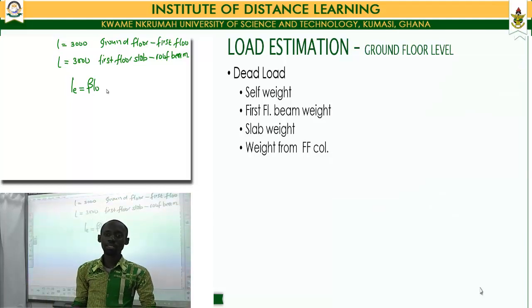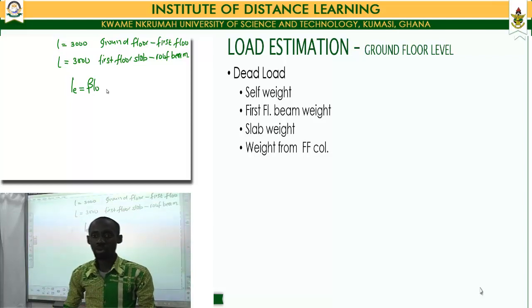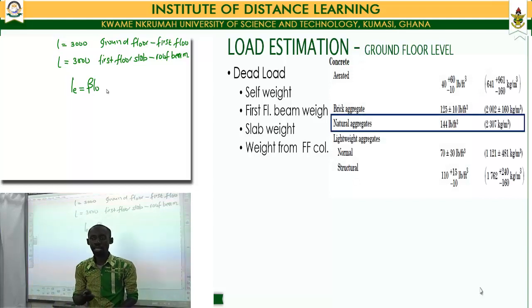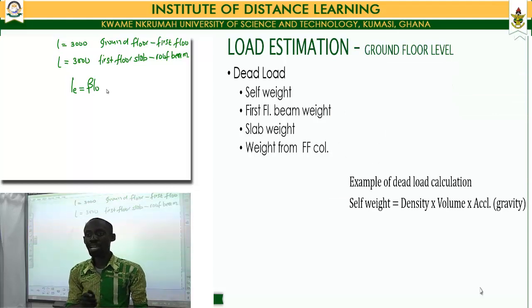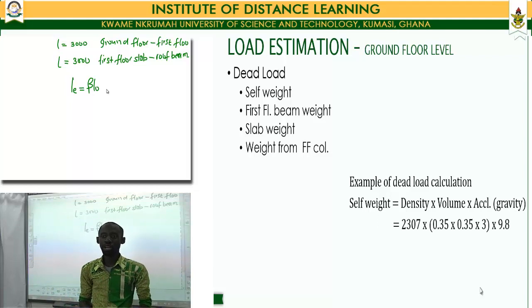In determining the self-weight of our ground floor column, we do it in much the same way as we did for the self-weight of our first floor column, in which case we take the density for natural aggregate concrete and multiply it against the volume of our ground floor column and the acceleration due to gravity.